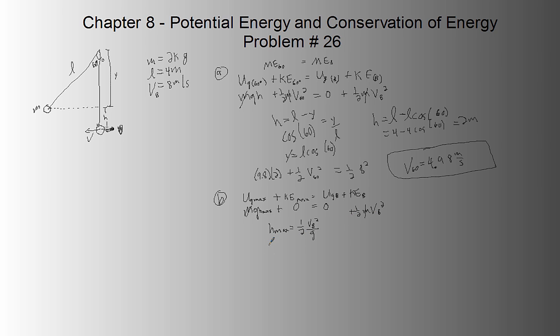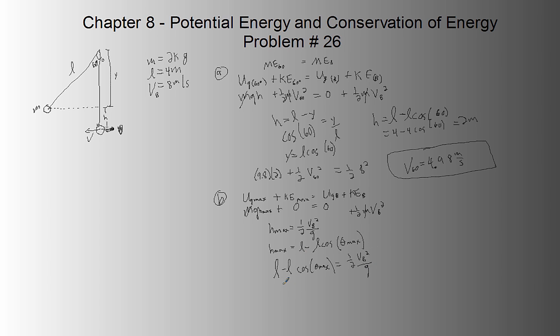And h max also equals, using the same logic as we did up here, L minus L cosine of the max angle, bigger than 60 it should be, and so we're going to set this equal to that. L minus L cosine theta max equals 1/2 vb squared over g.